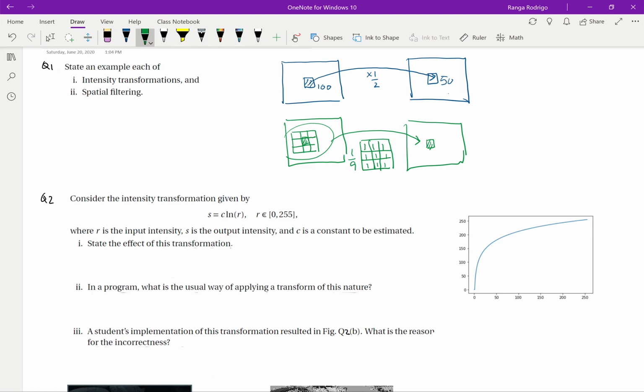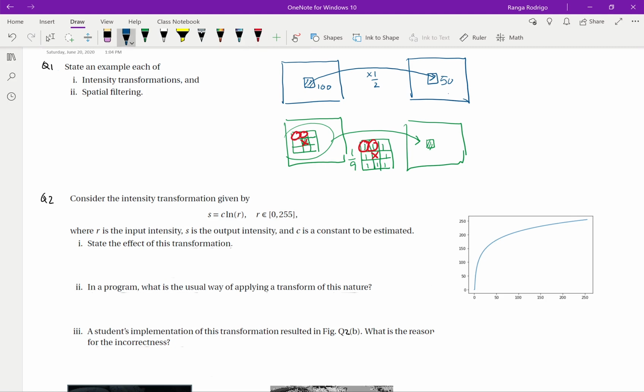Now in this case, you keep each of these values in the kernel. For example, this one over here and this one over there and so on, so that these centers are located, and then you multiply, sum and put as a resultant value. This is the averaging operation because our kernel is all 1 over 9's kernel.